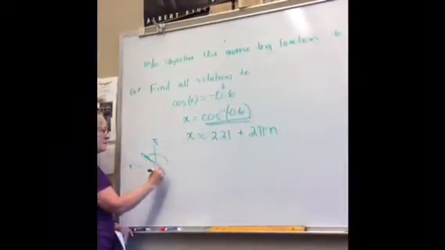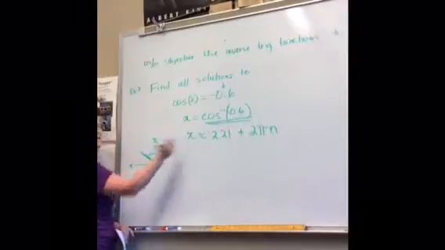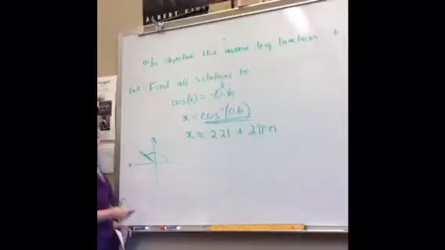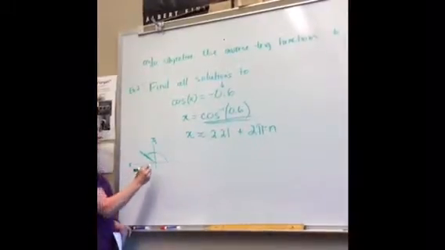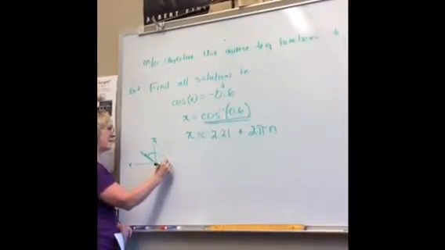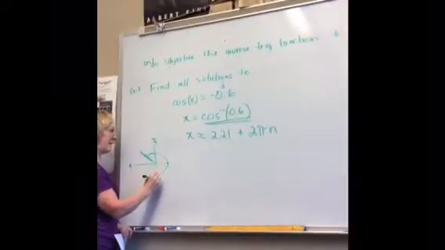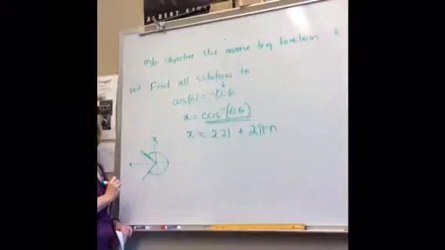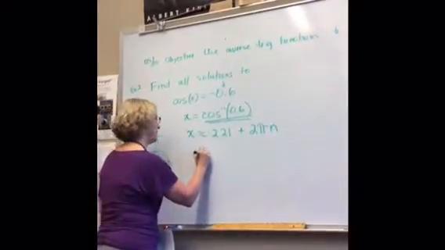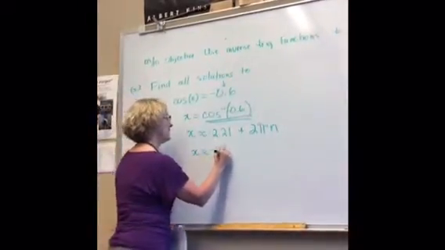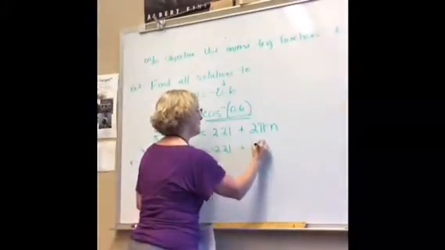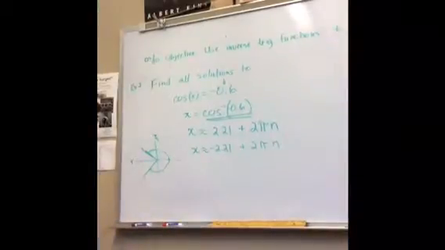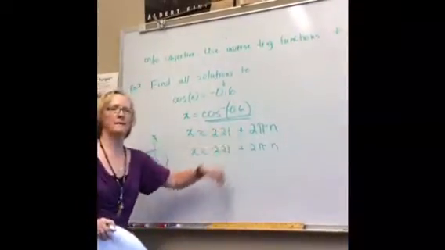So where is the other one going to be? In quadrant 3. So how are we going to get there? Going negative. So if I go from here and back 2.21, would that give it to me? Yes. Could you say 2.21 minus 2 pi n? You could say plus or minus right there.